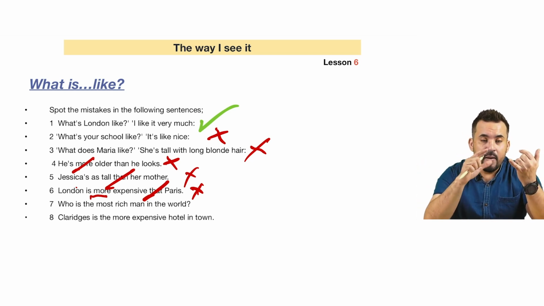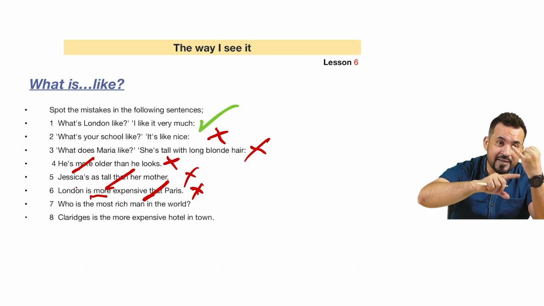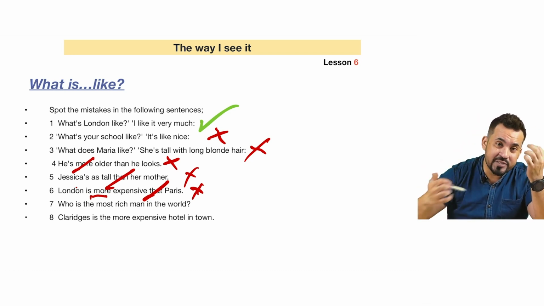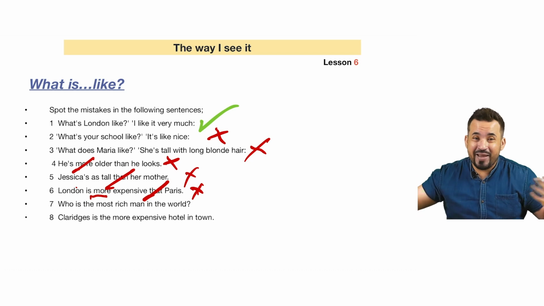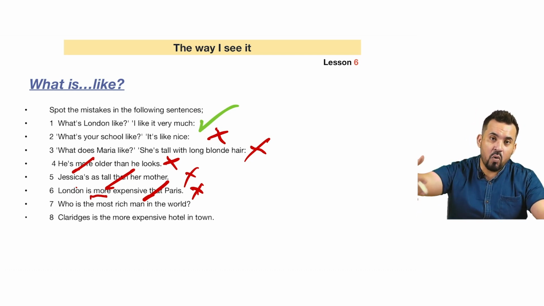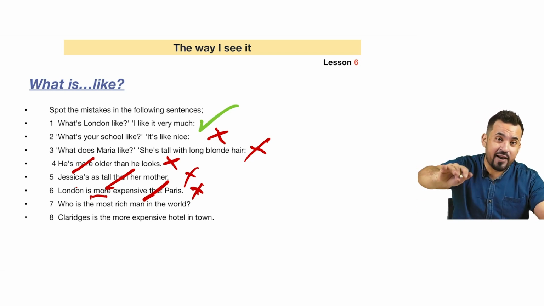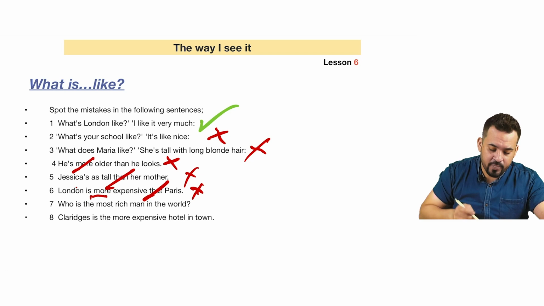Let's count. Expensive, that's 3 syllables. That's why we use more. We cannot say expensiver. We have to use more expensive. And we definitely cannot say more expensiver.